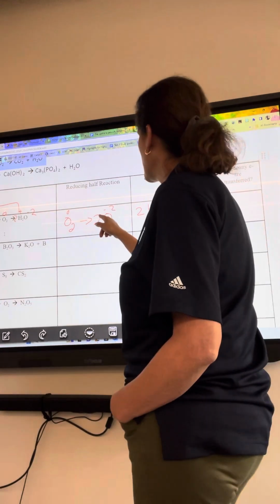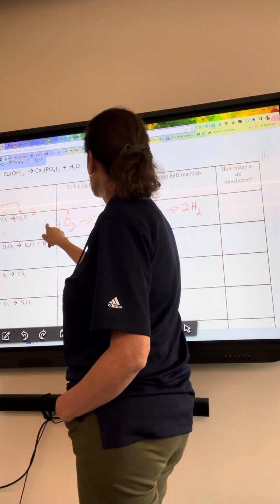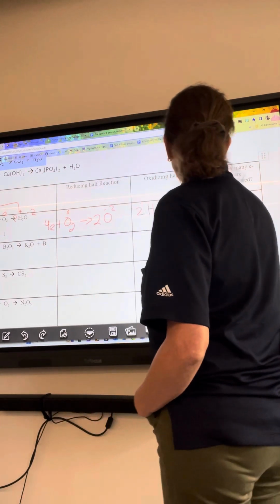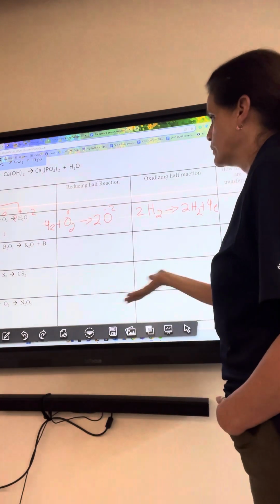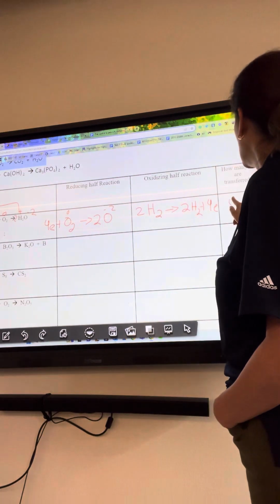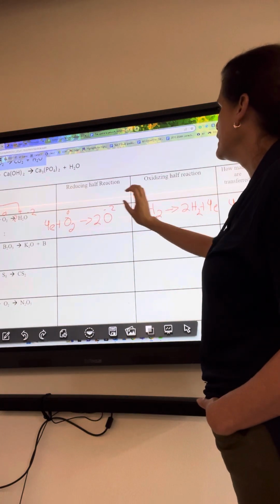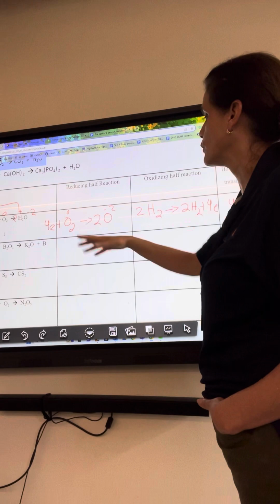And then you have to say reducing, you gain 4 electrons. This one's 4 electrons. Since I balanced it early, I know they're right. It was already balanced. So 4 electrons were transferred. Somebody lost 4 and somebody gained 4.